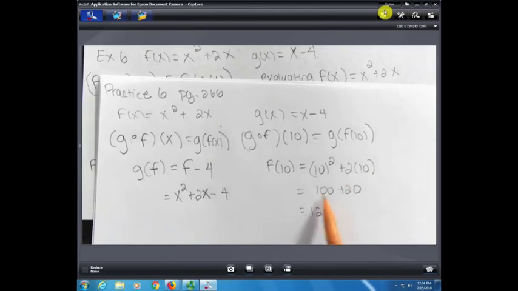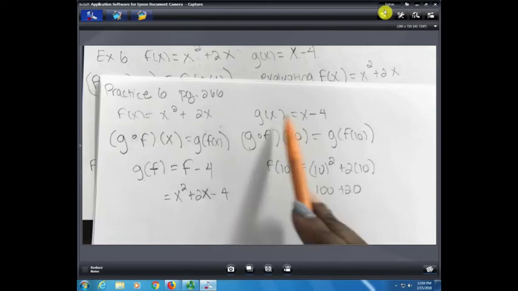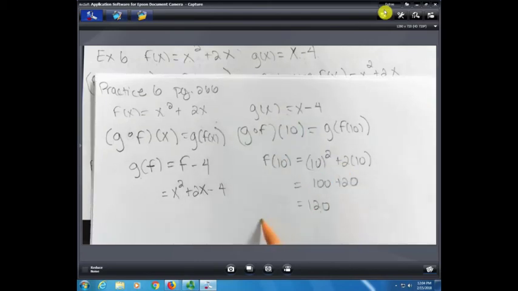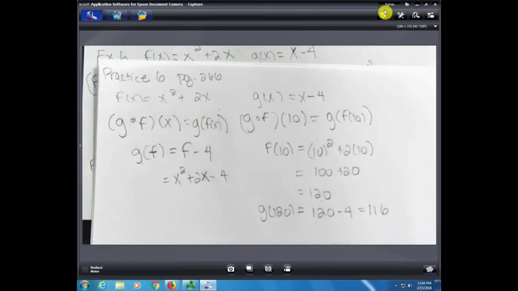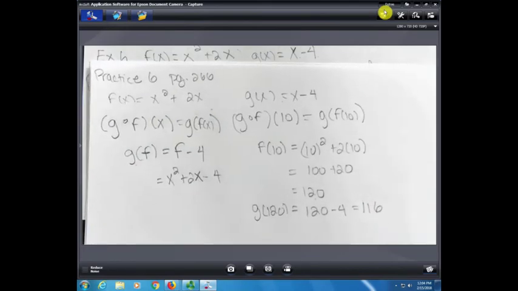And then I can take this 120 and plug it into the g function. So that's 120 minus 4, which is 116. So this is composition of functions. One function that's made up of another function.